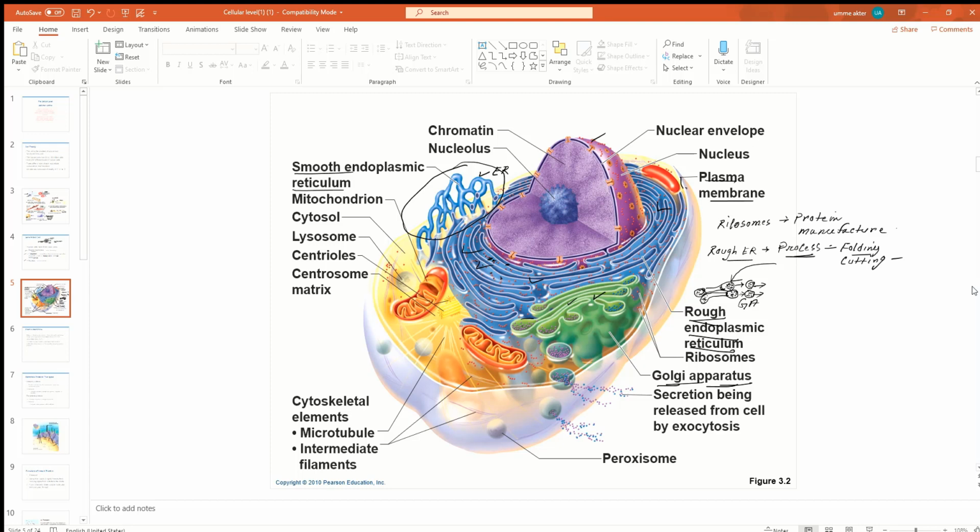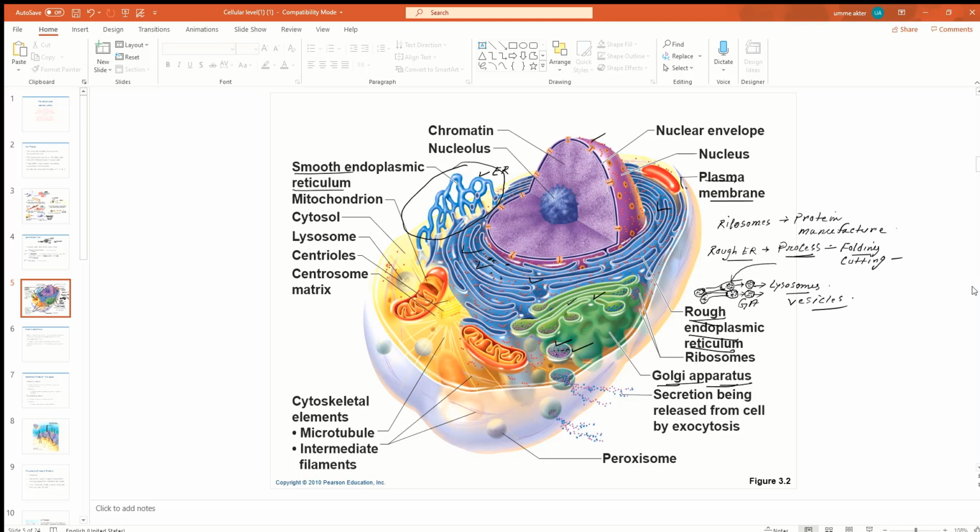These round membranous sacs filled with the protein molecules are now called lysosomes, or vesicles. The vesicles or lysosomes get detached, you see here, and they are filled with the protein molecules.